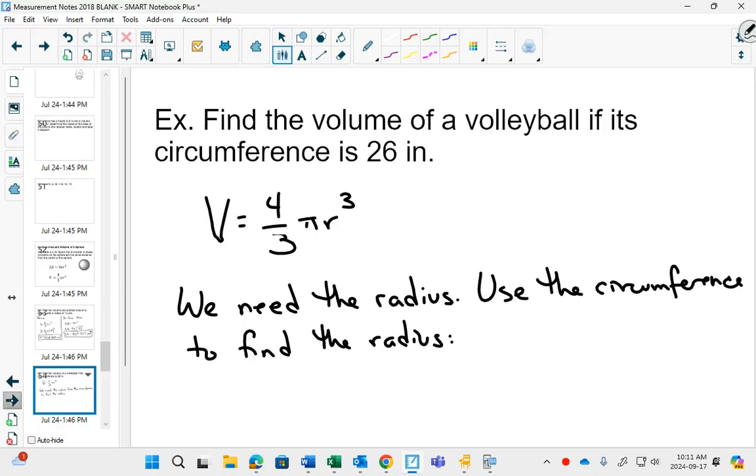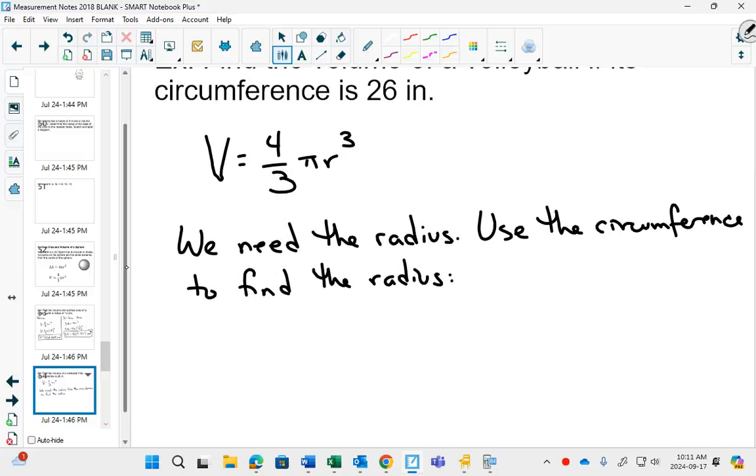If we're going to use the circumference to find the radius, we need a formula that has circumference and radius in it. Okay? You can look at your formula sheet for that. Again, the more of these formulas that you have memorized, the better.